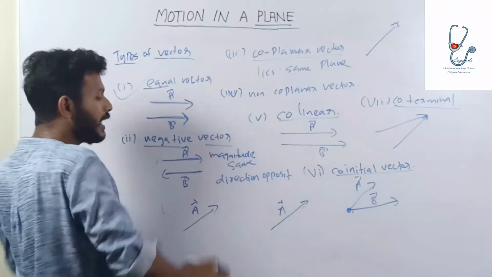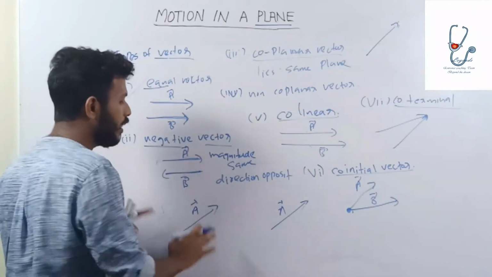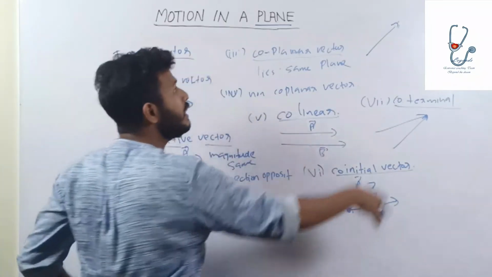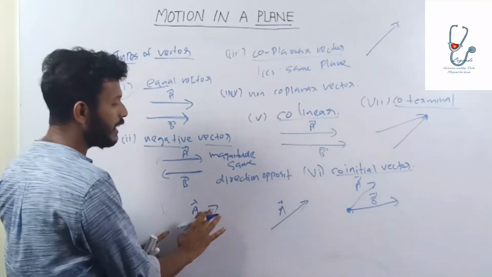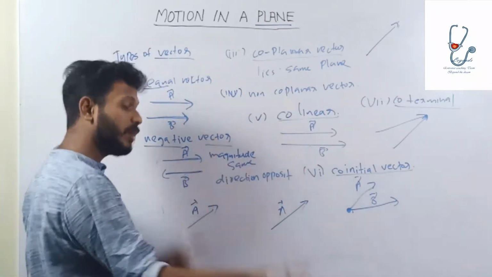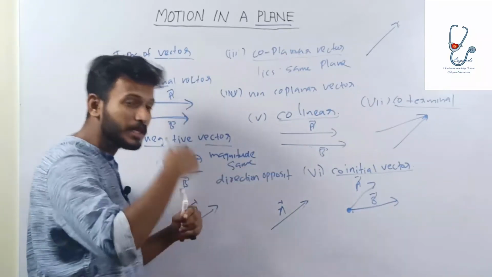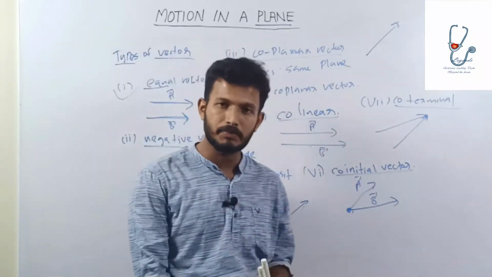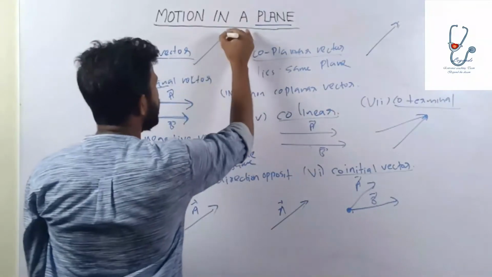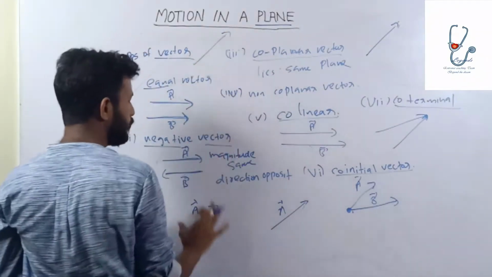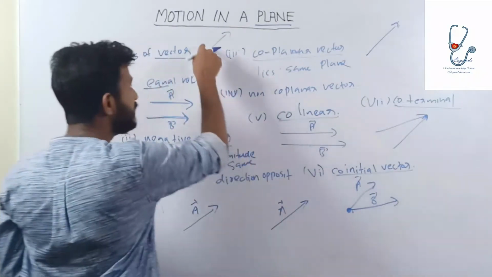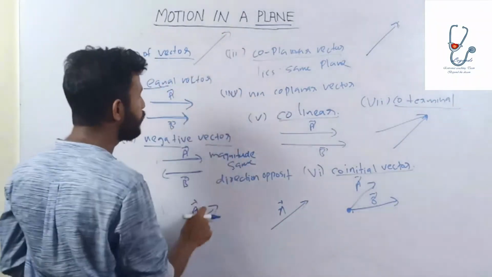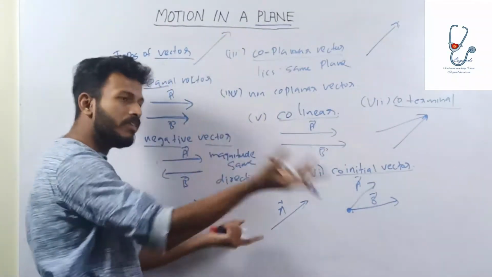So I can plot vector A at any other point on this board, because any vector can be transformed irrespective of its locality in space. This is vector A, same magnitude, same direction. Check: if the directions are the same and the magnitudes are the same, they are equal vectors.